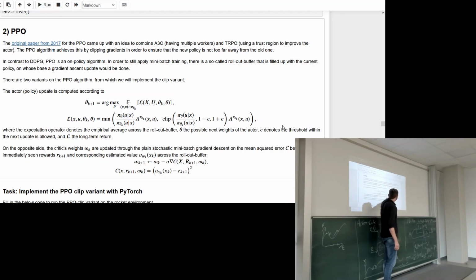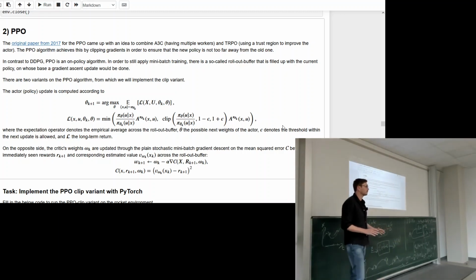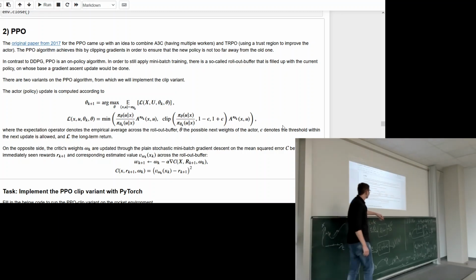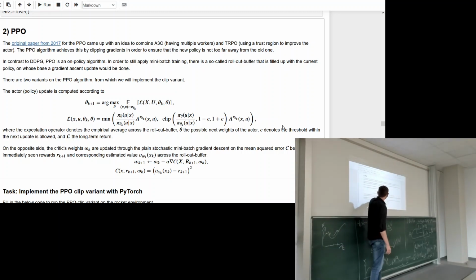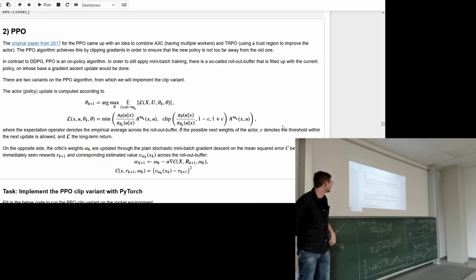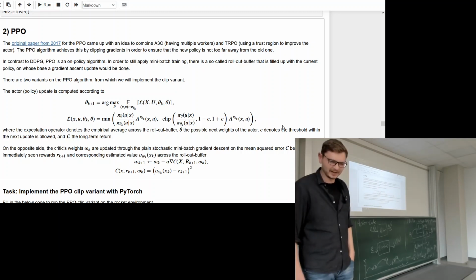If the update is too large, we just clip it and say, okay, this update is not useful for us because it might not improve our policy. It might actually harm us. We throw it away. We don't use it. Yeah, and then of course we also had this discussion in the lecture concerning why we use the minimization operator. But I give this over to Oliver, and he will talk about that in the next lecture, I hope.